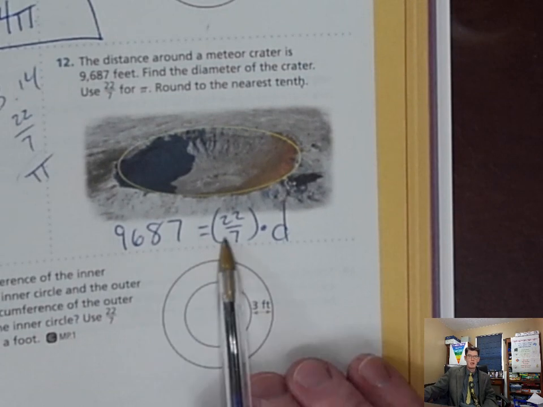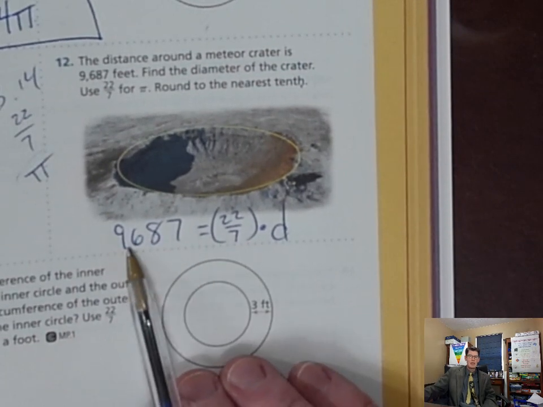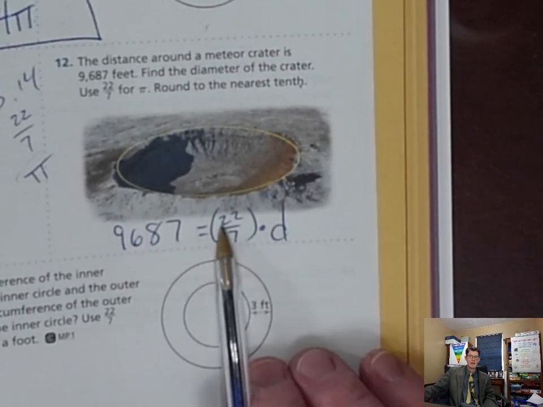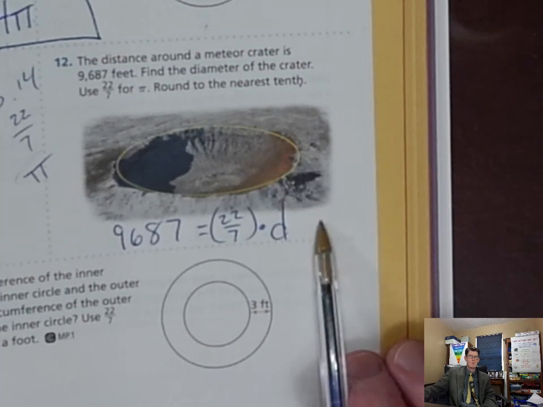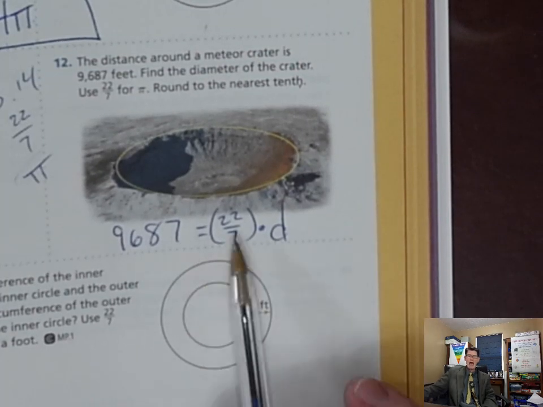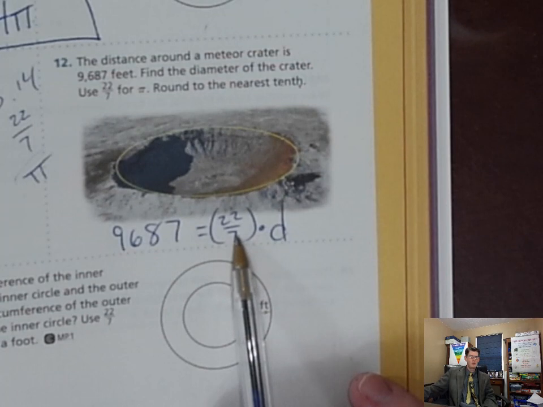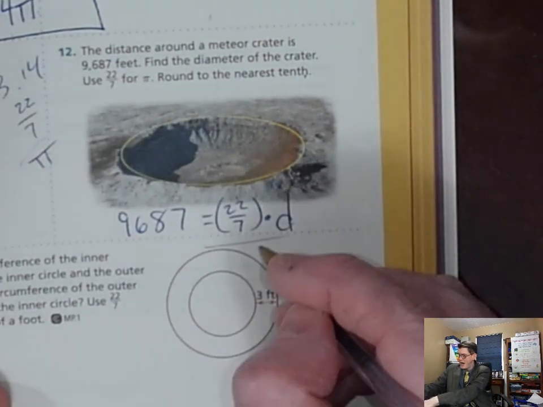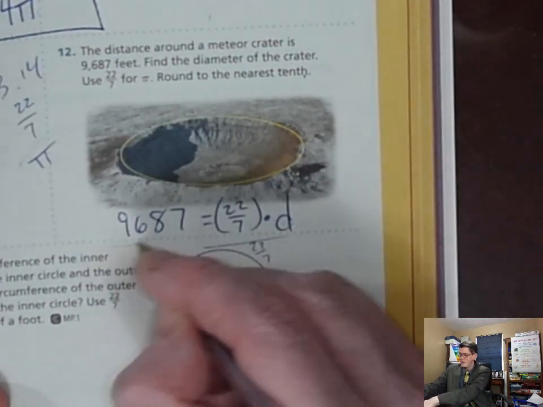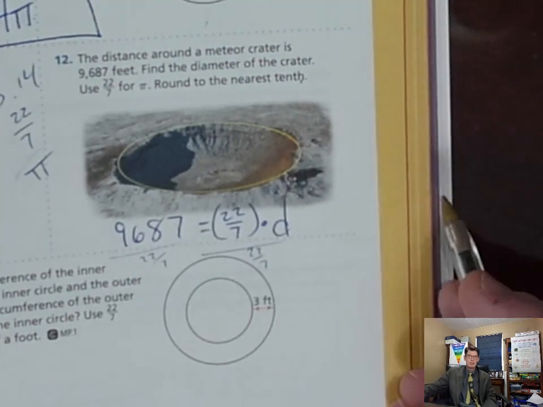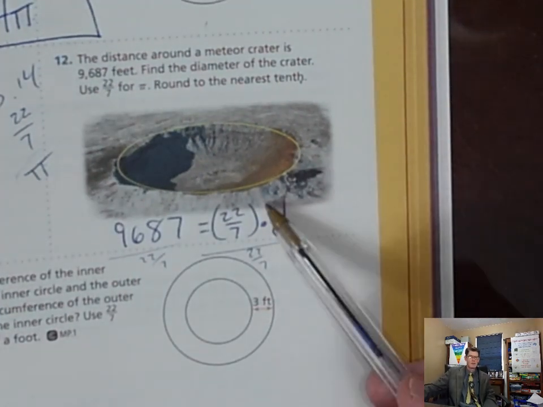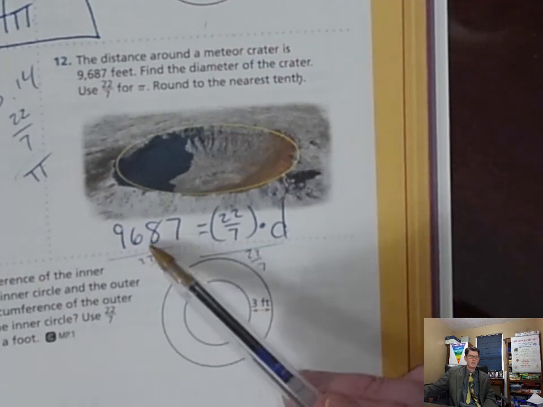And again, there's multiple ways you can do that. Some of you like to multiply both sides by 7 and then divide by 22. Some of you like to maybe just divide by 22/7. Some of you like to divide by the 22 and then times by the 7.